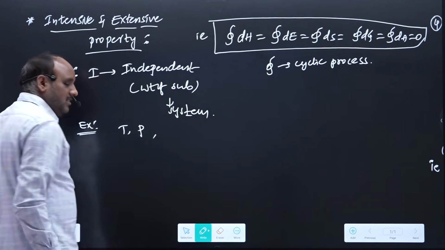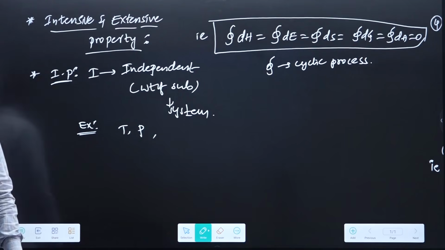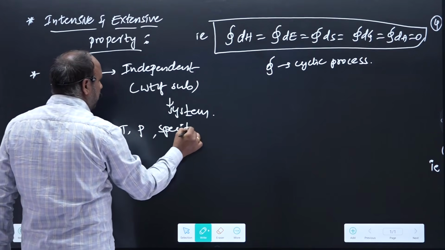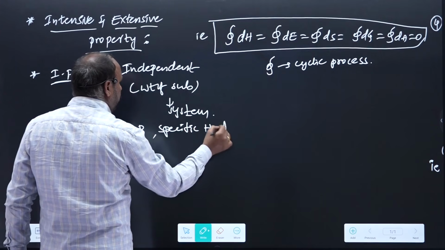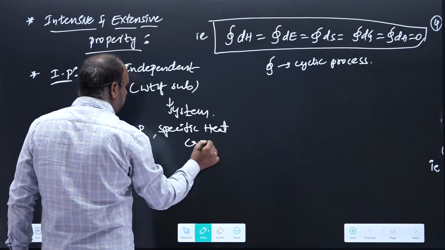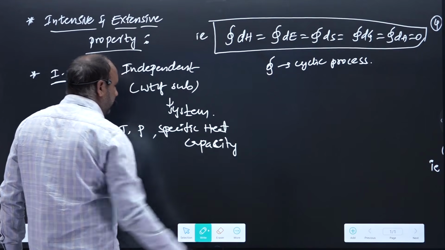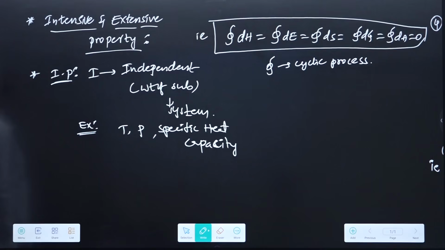Does pressure have some weight? No. 1 atmospheric pressure. No weight is there. Next. Specific heat capacity, right?